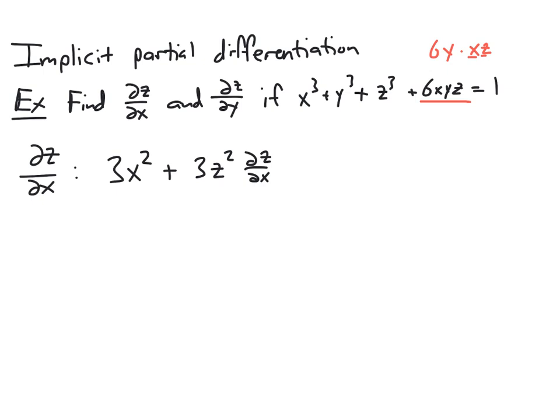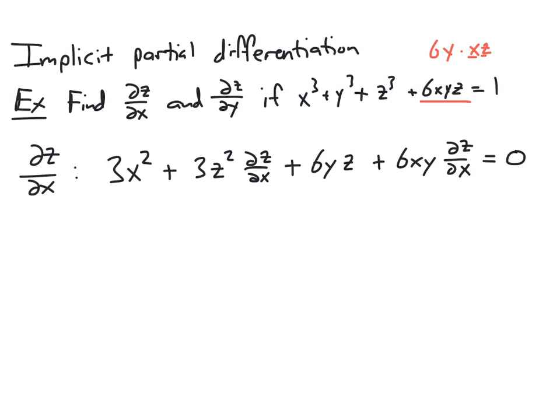First, we differentiate x and leave z alone. So we're going to have 6y, the derivative of x is 1, and we leave z alone. So we get 6yz. For the second part, we have 6y, and then x is left alone, so we have 6xy, and then we differentiate z, which is del z del x. And then all of that is equal to the derivative of 1, which is 0.